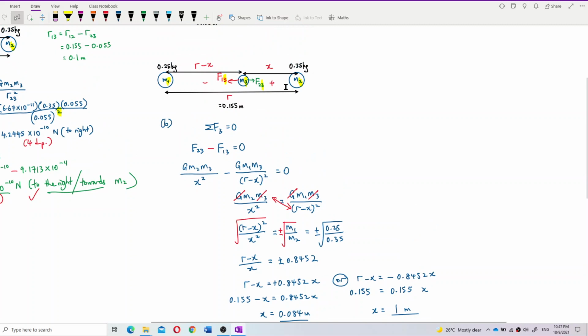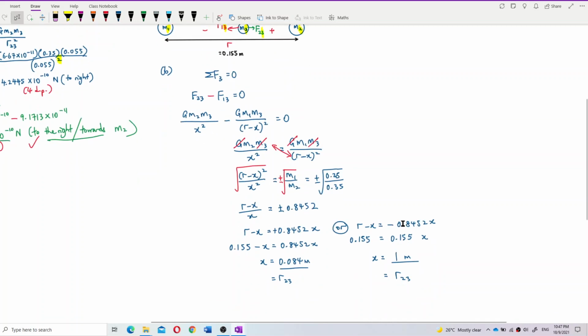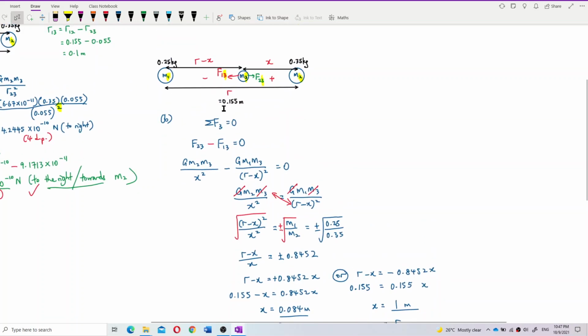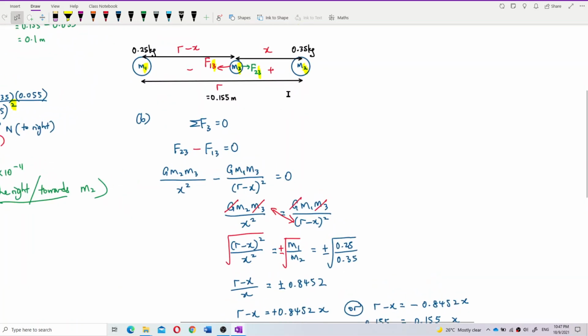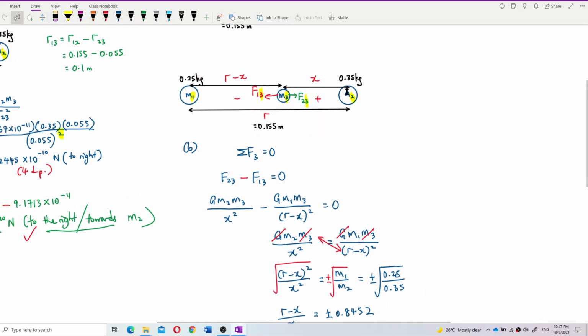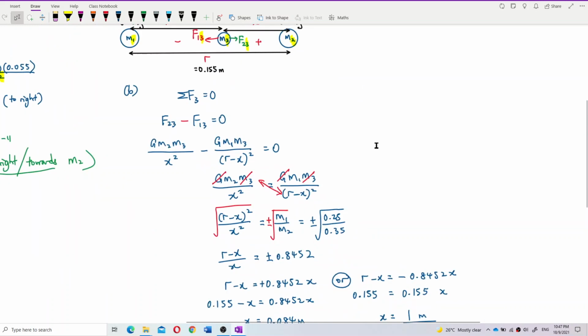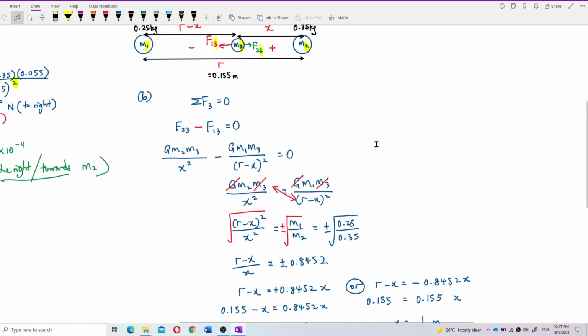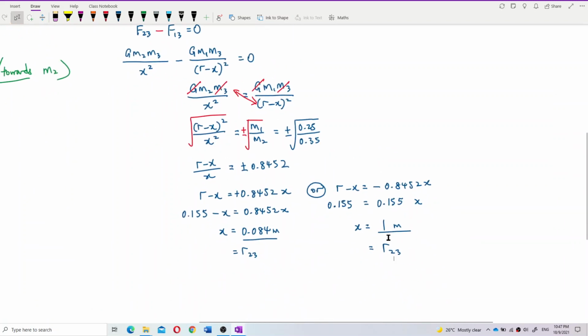X cannot be 1 meter, because if x is 1 meter, it means it's more than 0.155, because the maximum x is until 0.155 only, cannot be more than that. So the x equal to 1 meter can be ignored, because it's outside the range already.